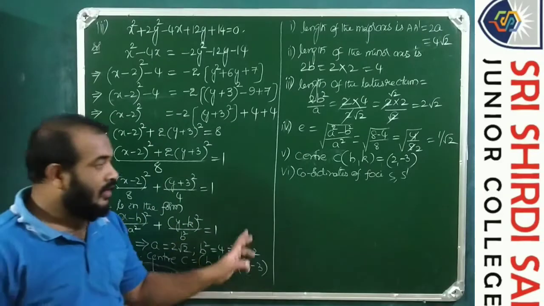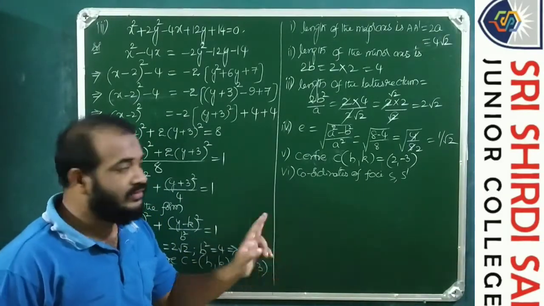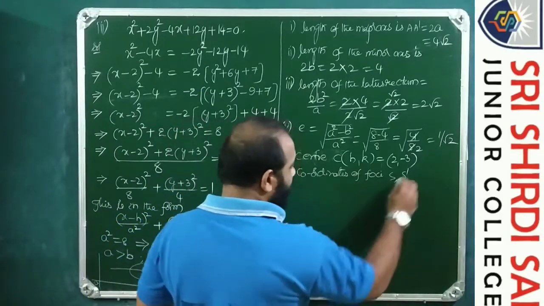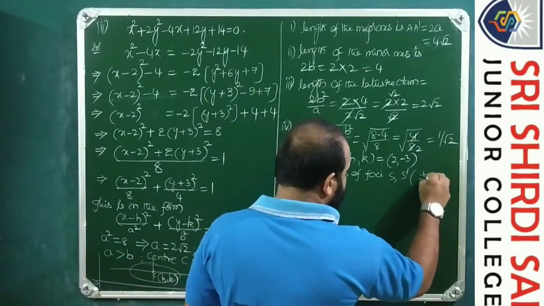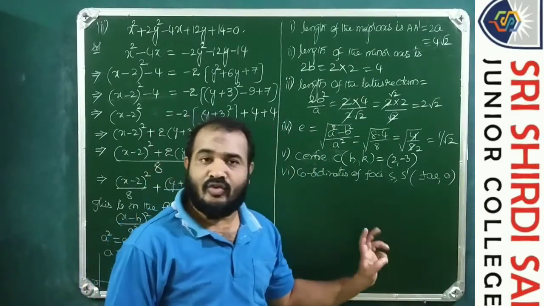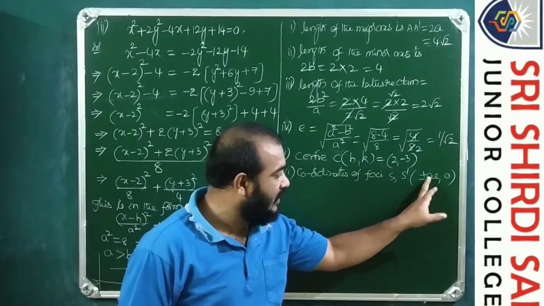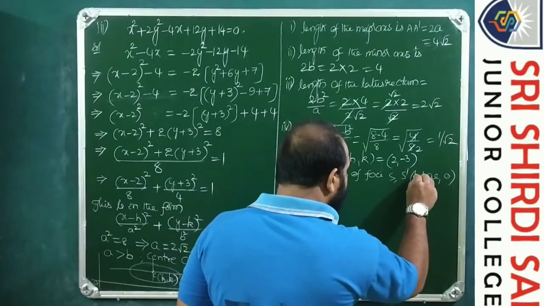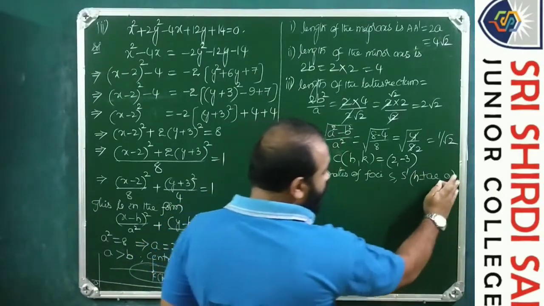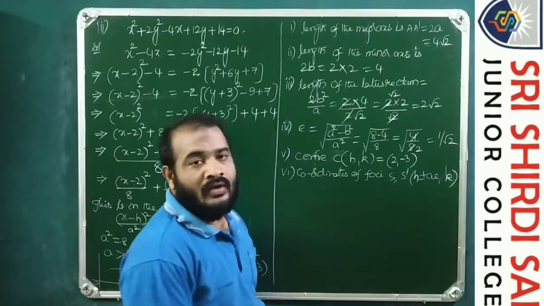For an ellipse whose center is at the origin, it is plus or minus ae comma 0. But here the center is not at the origin, therefore with plus or minus ae, h will be added and with 0, k would be added. So this is our foci.